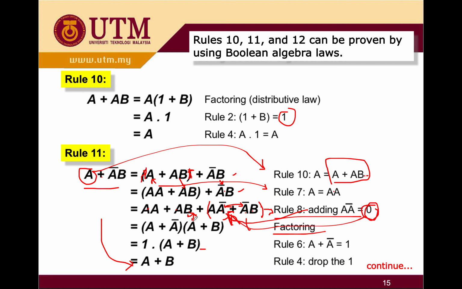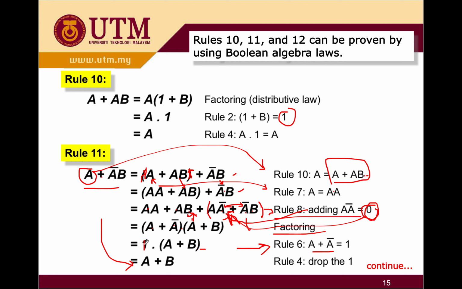So it's quite complicated. That's why I mentioned you need to have the ability to understand the equation, and you need to apply it to the equation to prove it. And then you get over here a plus a bar. You check back to the rules, a plus a bar, rule number 6, it is equal to 1. So you get 1 over here, and then this is multiplication, of course, for your factoring, a plus b.